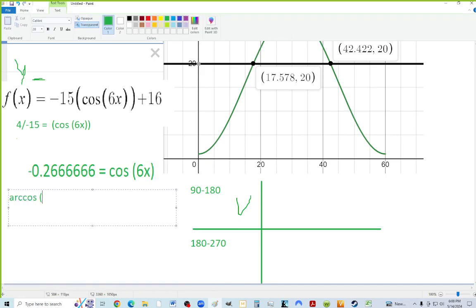So I get arccos of negative 0.266666 is equal to 6x, because the cos disappears when I arccos. Can you take negative 0.26666 and hit arccos and tell me what you get?